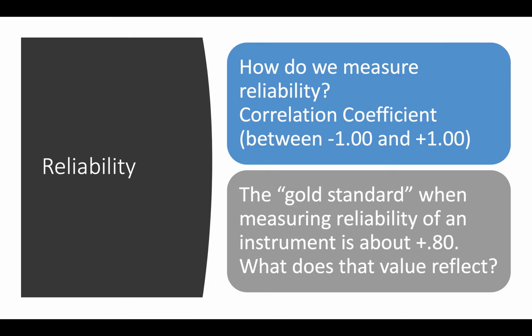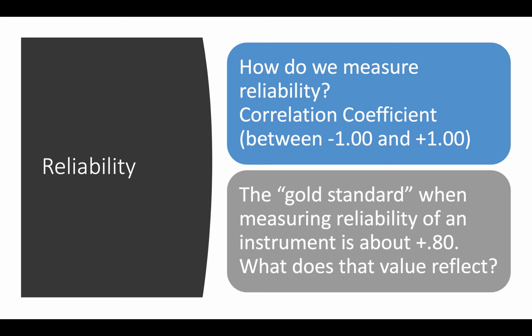So we obviously have a way to know if a measure is reliable, and we do this by using what's called a correlation coefficient. This is a number between -1 and +1, and we typically aim for a gold standard of a positive 0.80. If an instrument has a reliability score of positive 0.80, what does that reflect?